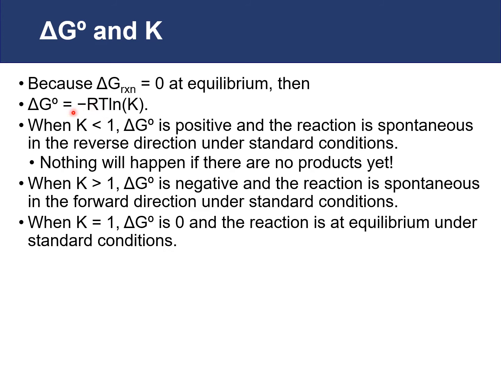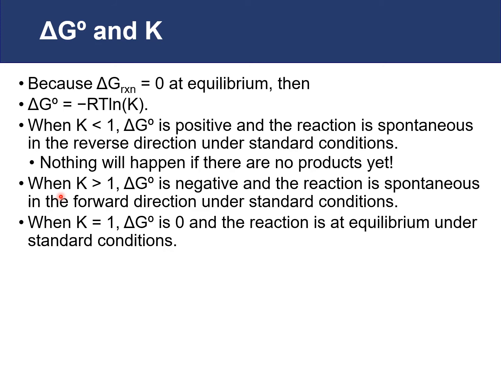And so we'd have negative times a positive times a positive times a negative value. This would result in us having a positive delta G, which would tell us that under standard state conditions, the reaction would be spontaneous in the reverse direction. So if we have everything under standard state conditions, the reaction will push back towards the reactants.